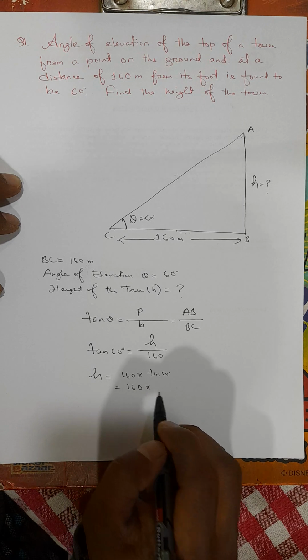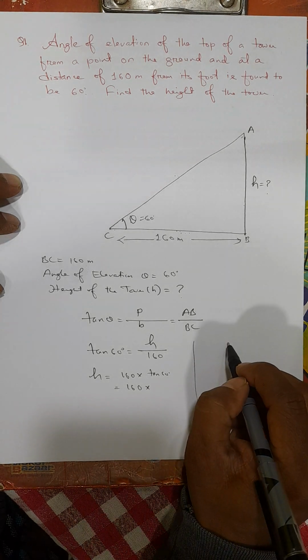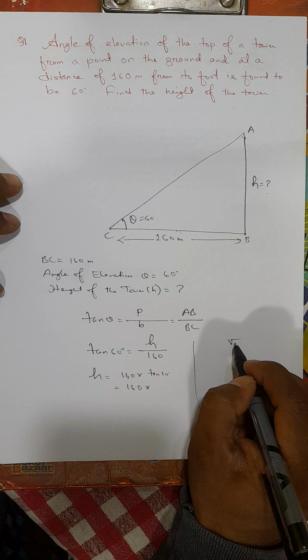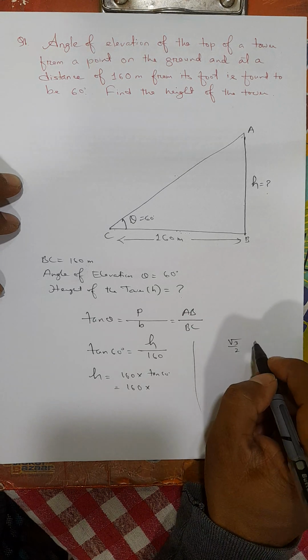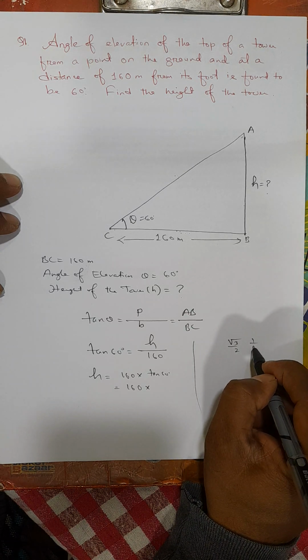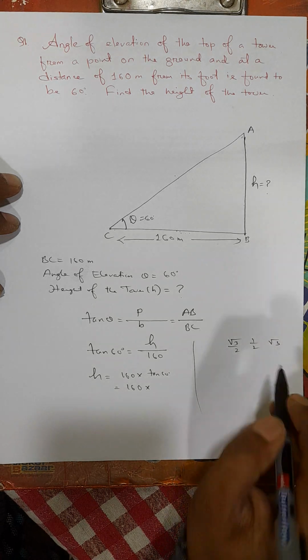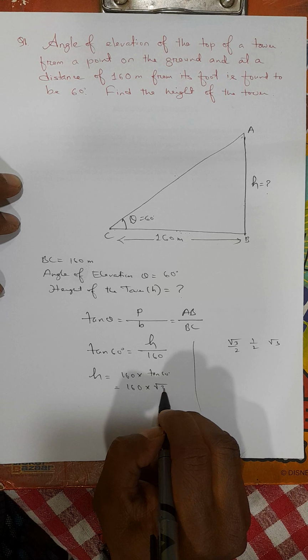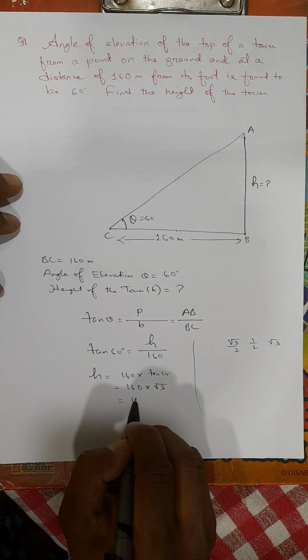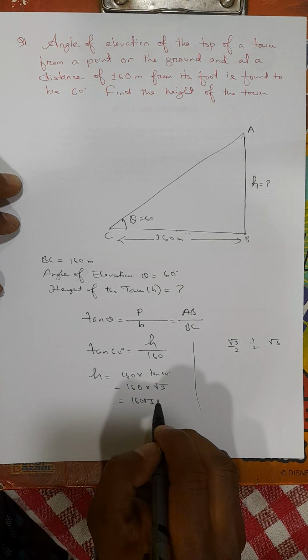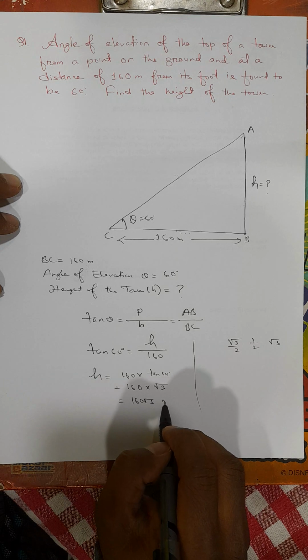160 multiplied by, what is tan 60 degree? Sin 60 degree equal to root 3 by 2. Cos 60 degree equal to half. So tan 60 degree is root 3, right? So it is 160 root 3 meter.